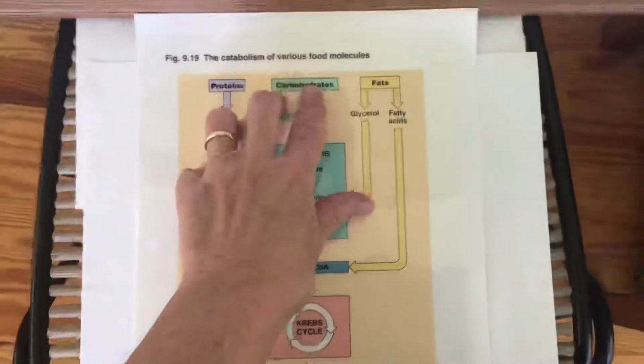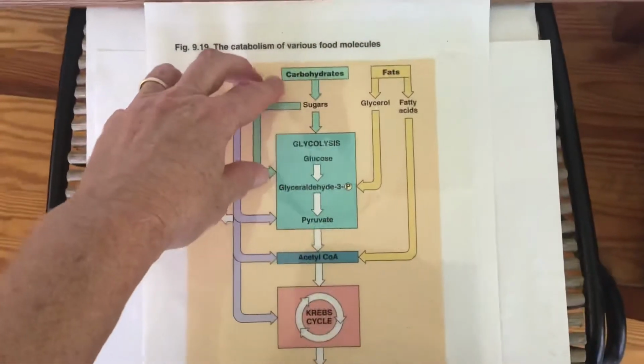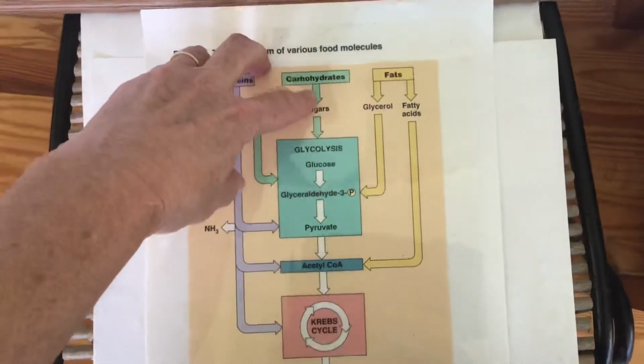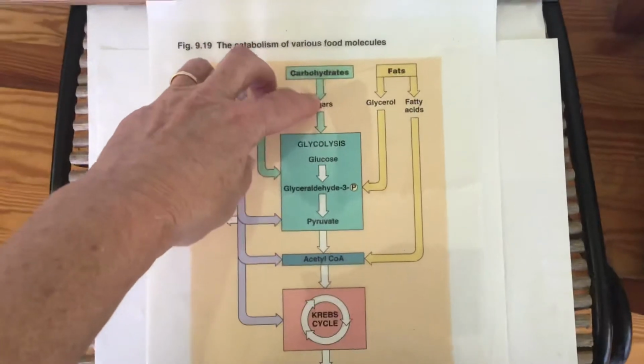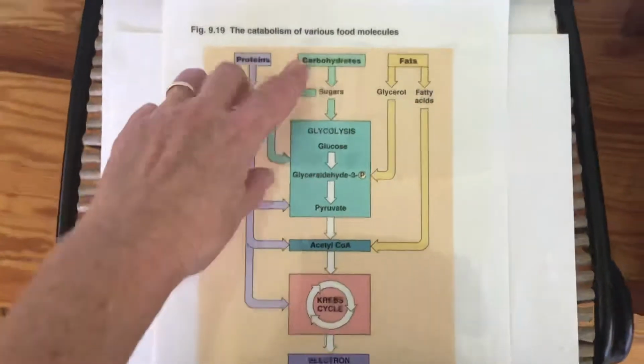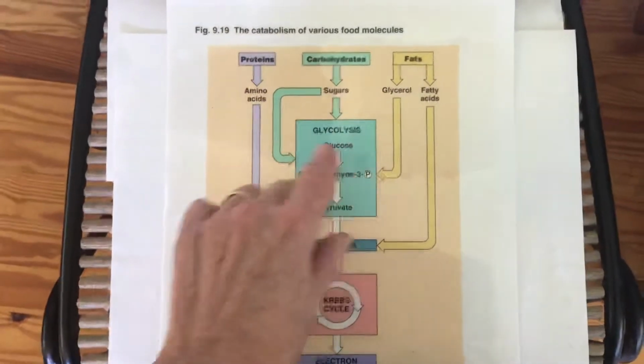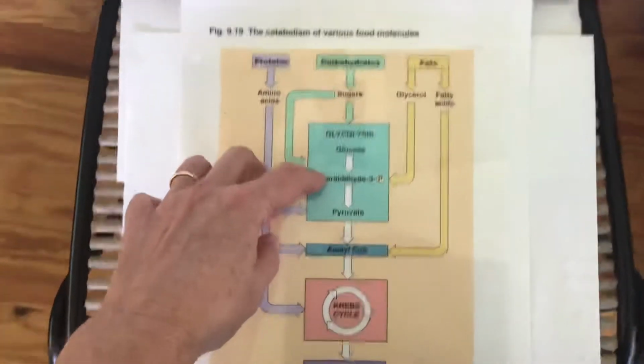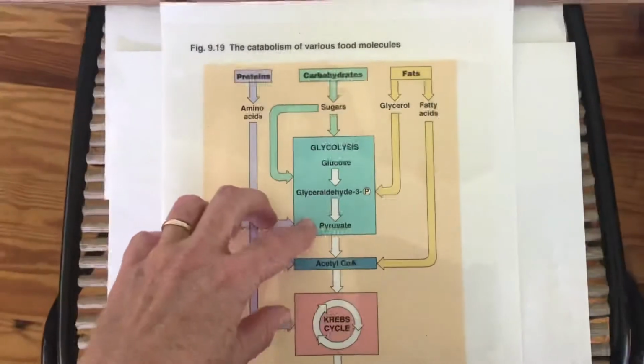But if you started with something like a disaccharide or some other kind of carbohydrate, it would have to be broken down into a sugar that could enter into the glycolysis sequence. If it's a small sugar, it would enter further down within the steps of the glycolysis sequence, or even almost to the pyruvate stage.